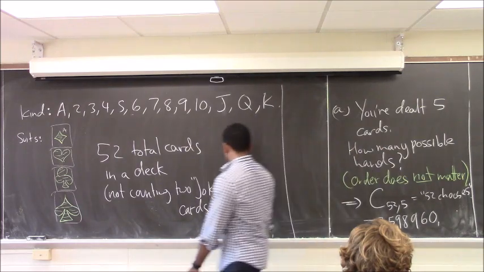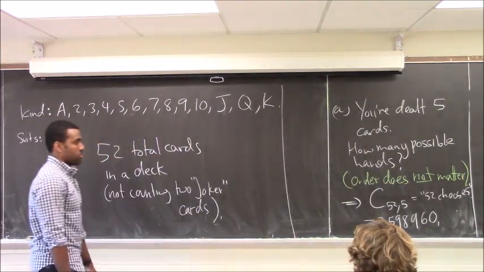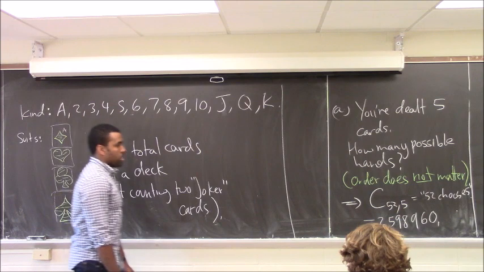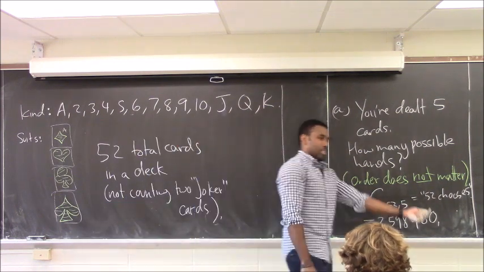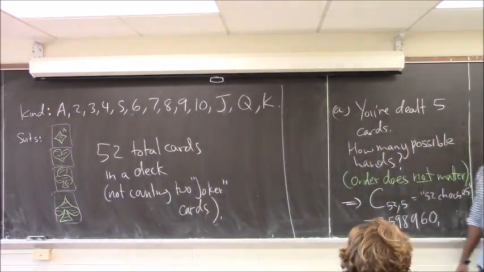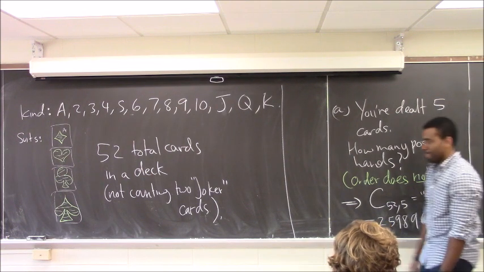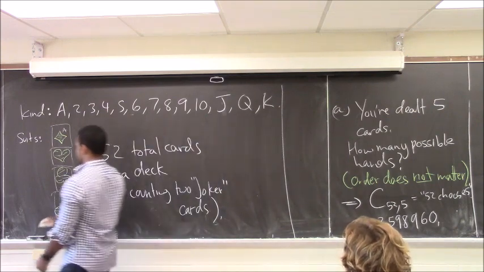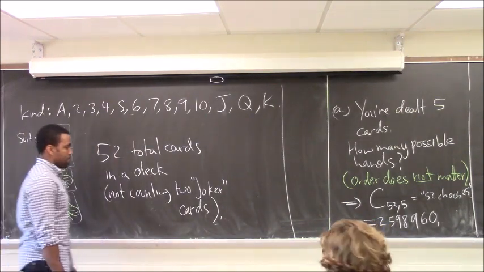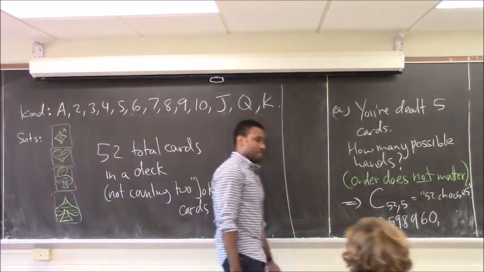So 7,120. If you were to play 5-card poker every single day, once a day, and let's even assume that you get a different hand every single time, how long is it going to take you to get the same hand again? 7,000 years.